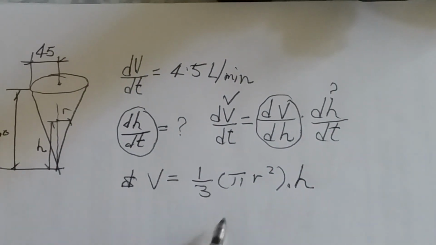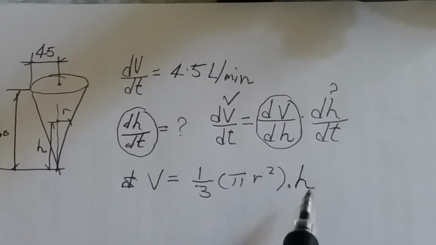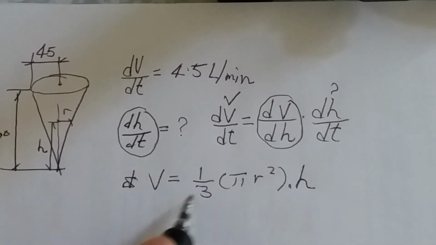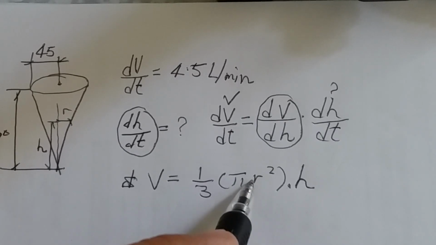The problem with this equation is we have two unknowns or two variables. So if we have two variables, then we have to eliminate one before we move on. So first of all, we need to eliminate the r.